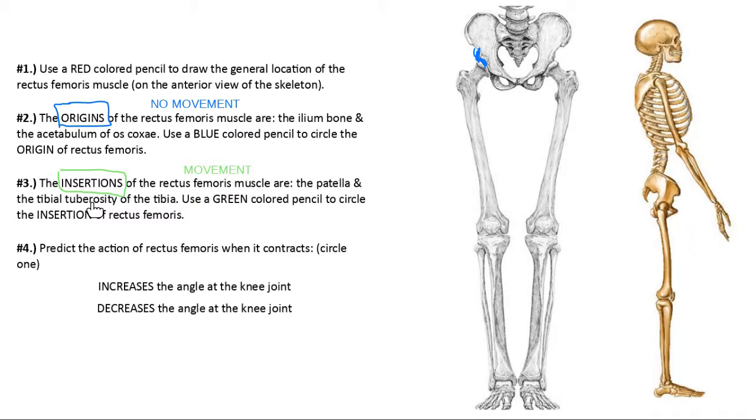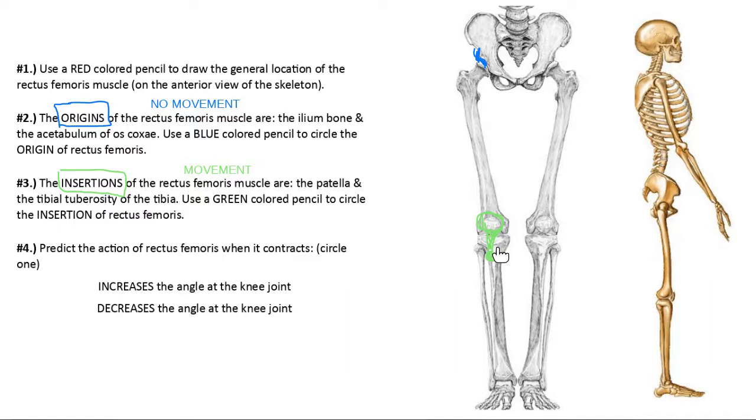Fanchin remembers that's a bump. A tuberosity is a fancy word for a bump. So when you're studying and labeling your bone markings this week, the tibial tuberosity, that's the big bump. Again, you can actually feel this on yourself, on your tibia. It's a part that sticks up just below your knee joint. I always bump mine into stuff. So there's my tibial tuberosity, and then my patella as well. It's right here. So all of this is kind of attachment sites for rectus femoris.